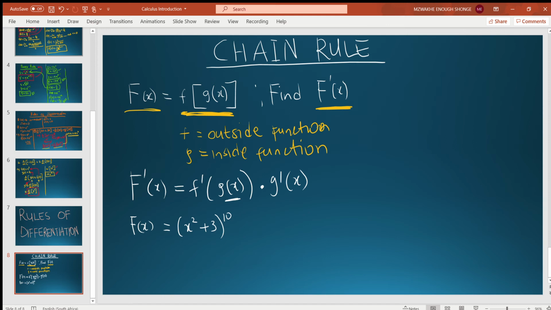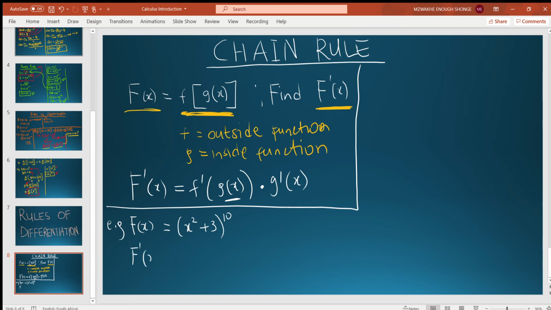Then they say find the derivative, find f prime.